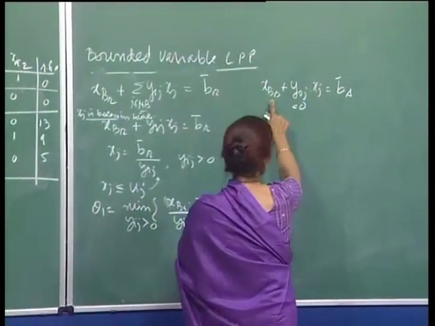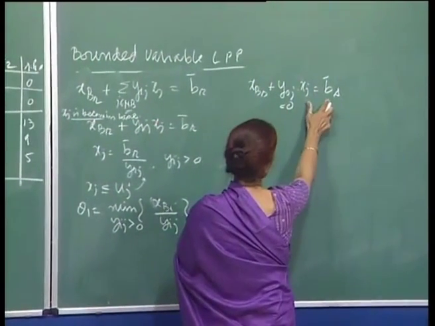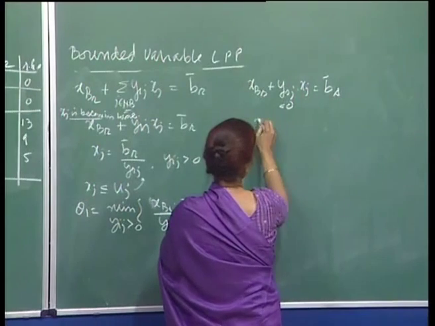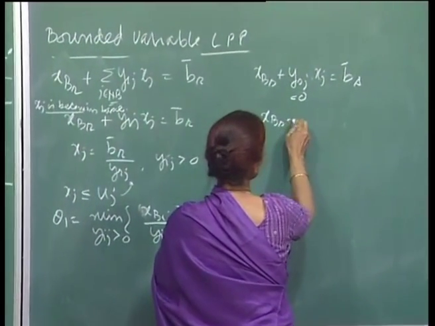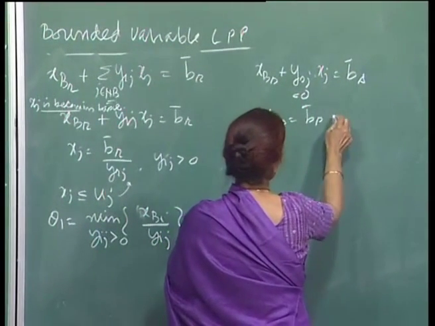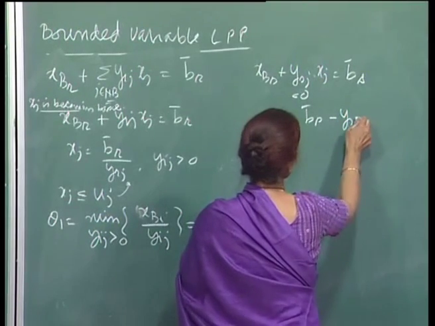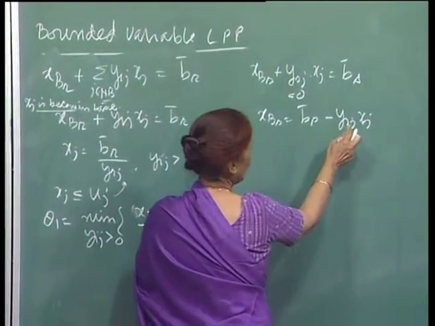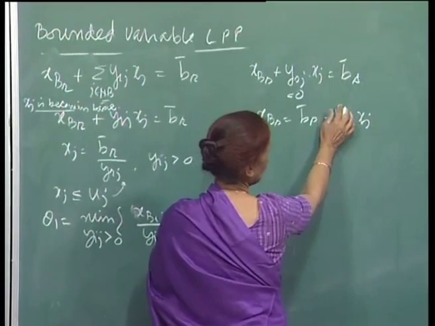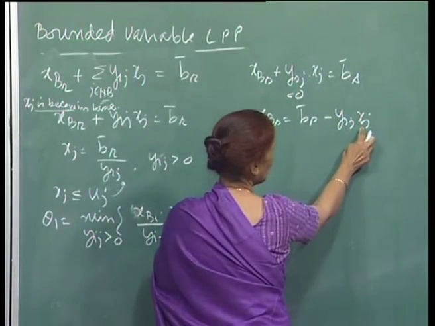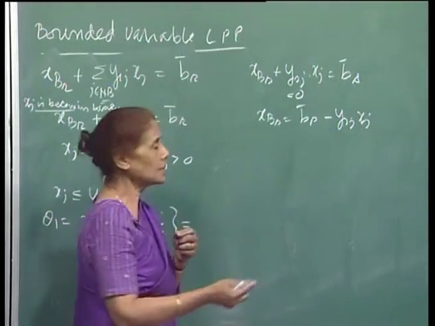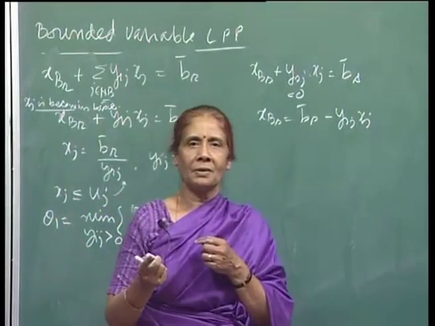So xBs is bs bar minus Ysj xj. Ysj is negative, so this whole thing is positive, and therefore if xj becomes positive, xBs is becoming more than bs bar.